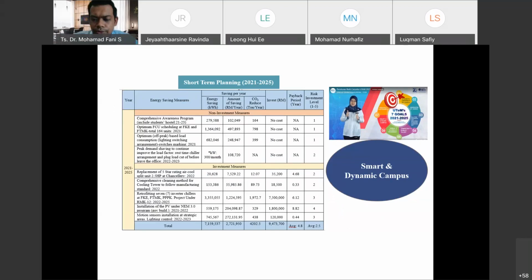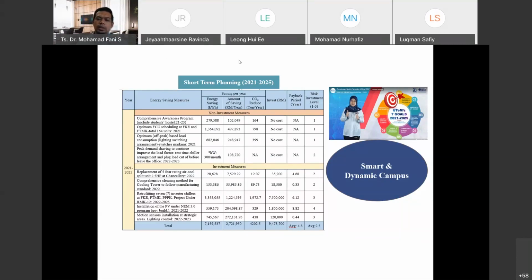So in order to promote a smart and dynamic campus, okay, as the practice to put no cost measure first, with the proper planning, and we target to have the no cost measure and low cost measure to the high cost measure.